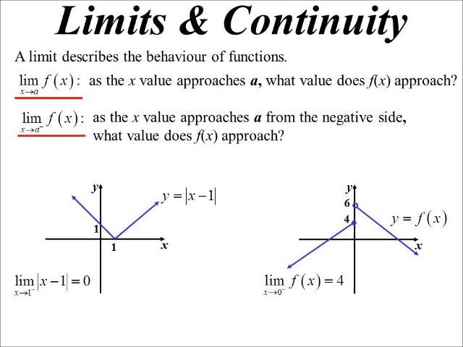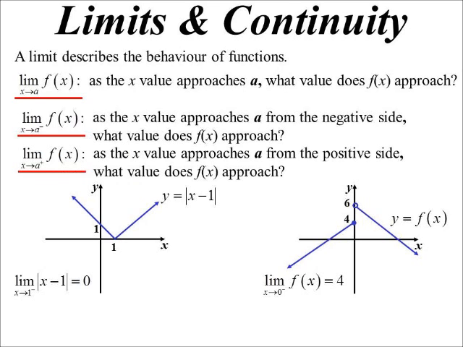If I approach it from the negative side, it would be 4. If I approach it from the right-hand side, well, the absolute value curve, it's the same answer. It's also 0. Whereas my split function over there from the right-hand side is not actually equaling 6, of course, because you'll notice the open circle, but it's getting closer and closer to 6.